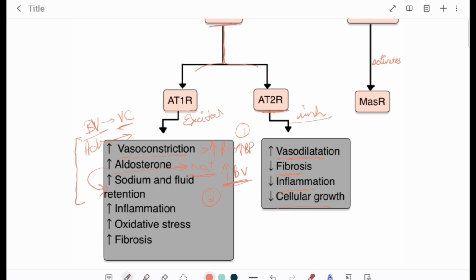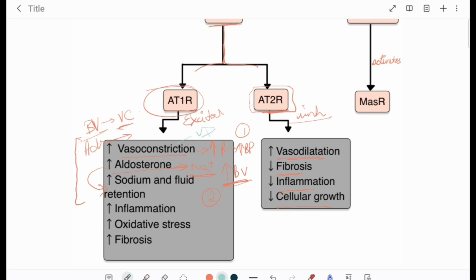In the future, in pharmacology, you will learn that we make RAAS inhibitors and angiotensin receptor blockers. Those angiotensin receptor blockers are selective for angiotensin 1 only, so they inhibit the first receptor, and vasodilation happens.